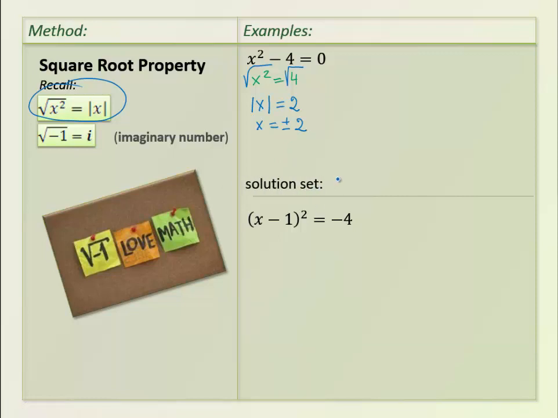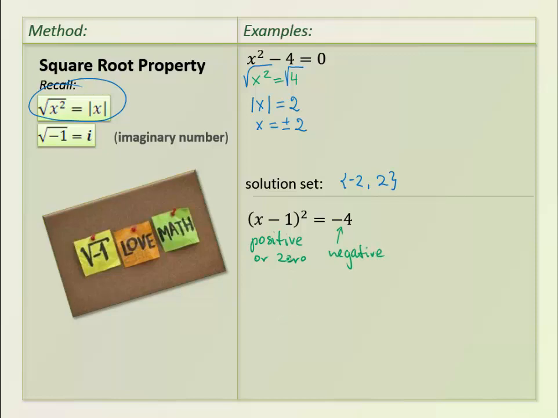So as before, the solution set to the above equation is negative 2 and 2. In the following example, we can notice that the left-hand side is always positive or 0. However, the right-hand side, as you see, is negative.